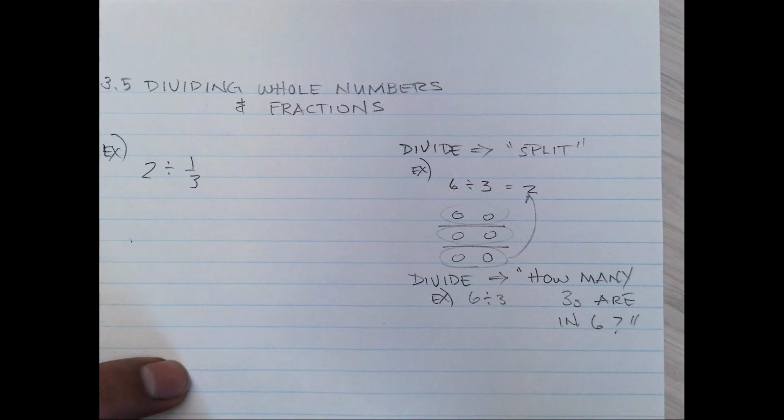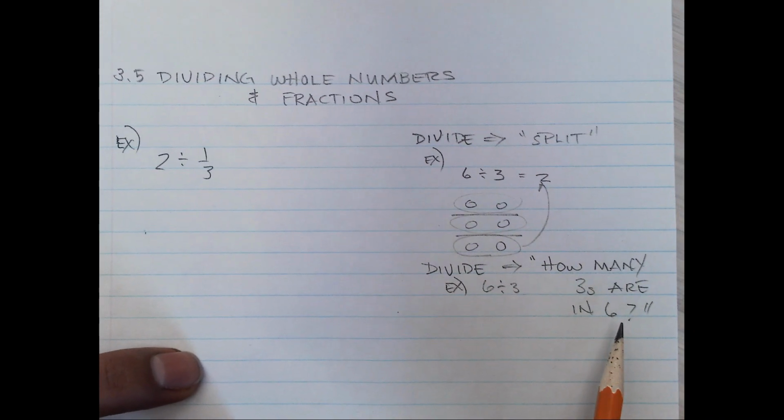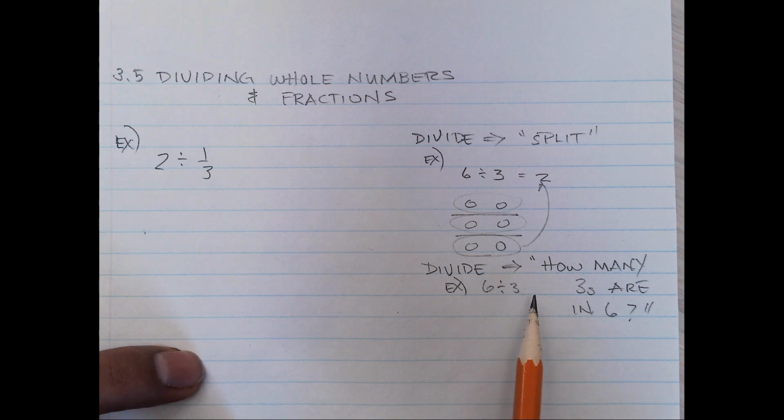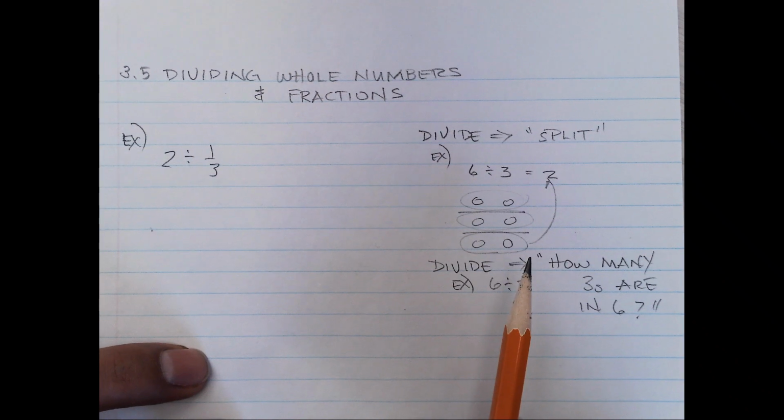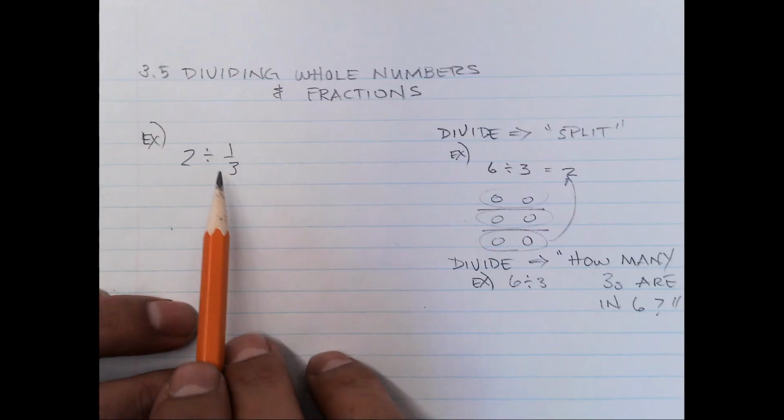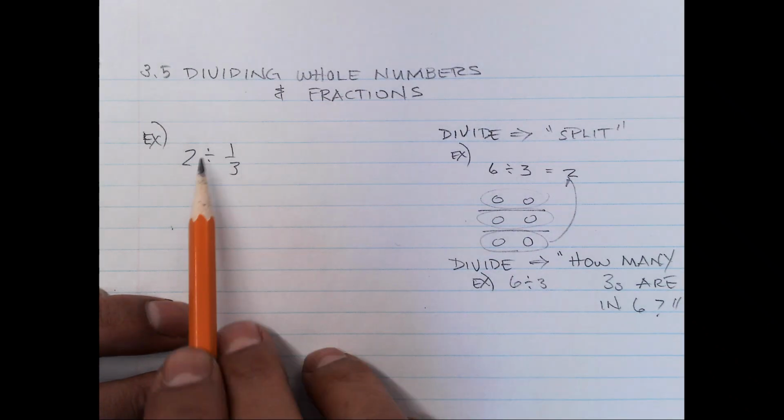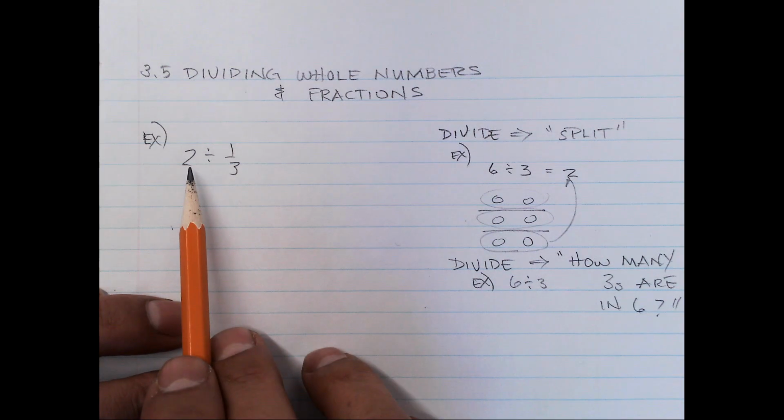Whether this is a new way to interpret division, or you've always understood division can mean this, that's what we're going to use. It's much more useful when we talk about dividing fractions.